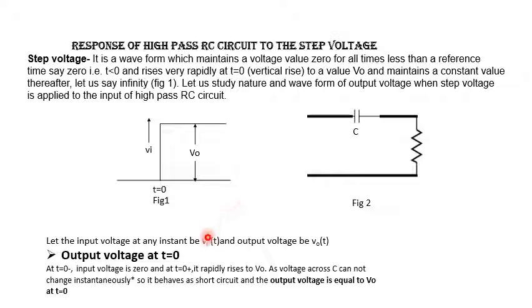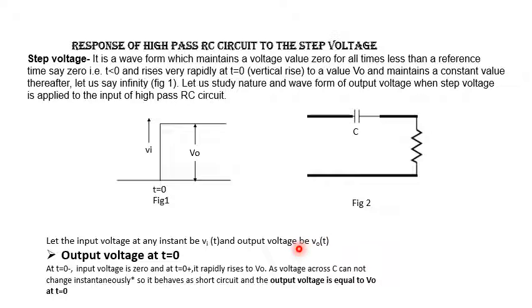So we represent the input voltage at any time t as Vi(t). Though we know the exact nature of the input voltage, yet we have represented it by the general expression Vi(t), and the output voltage we have represented as V naught(t), which is the voltage at any general time t, and we have to find out the exact nature of V naught(t).